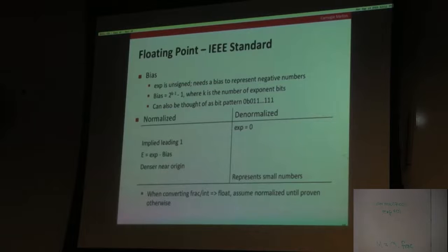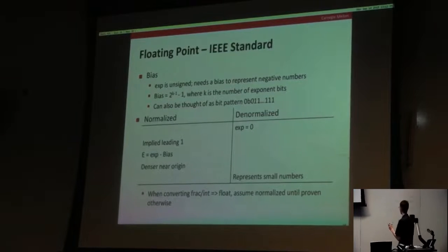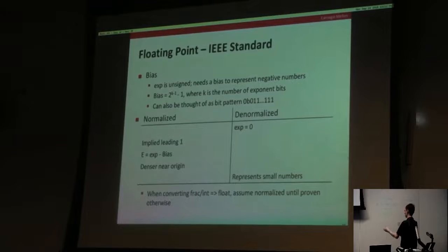They also have special cases for infinity, for negative infinity, and for values that aren't a number. So for instance, if we try doing something like square root of negative 1, or if we try doing infinity divided by infinity, or 0 divided by 0, there is no number that corresponds to that value, so there's a special case of floats that will map to something called not a number, which signals that there just is no value that we can assign to this expression.